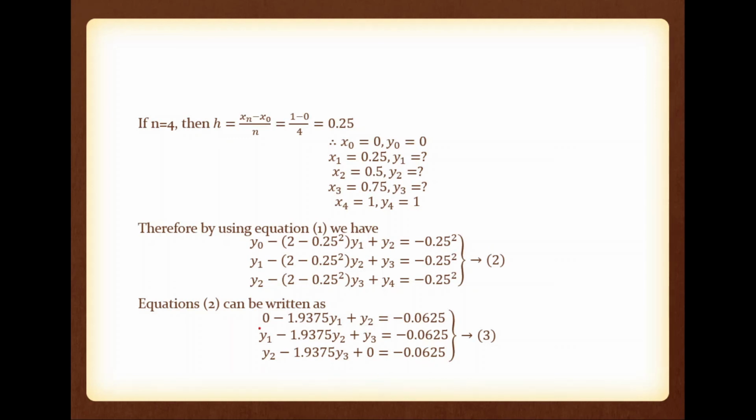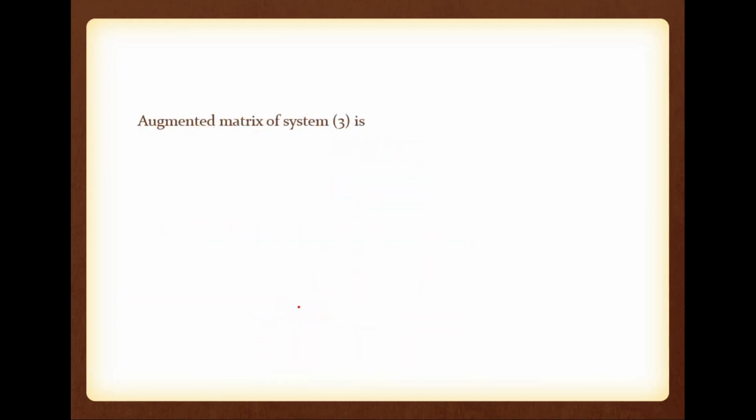So the augmented matrix of the system is minus 1.9375, 1, 0, minus 0.0625; 1, minus 1.9375, 1, minus 0.0625; 0, 1, minus 1.9375, minus 0.0625.